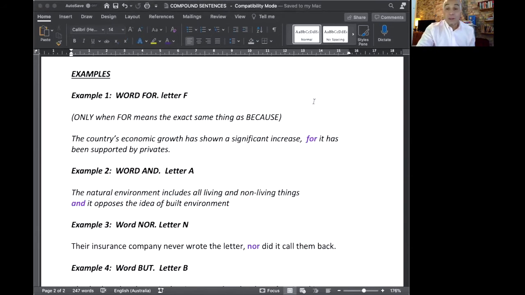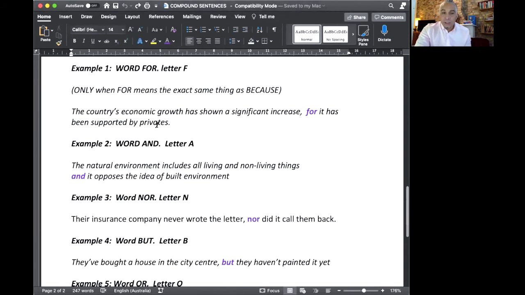Example, with letter F, the word for. Only when for means the exact same as because. Not when you use it with the idea of purpose, like I use it for that. That's not this kind of conjunction, right? When for means the exact same thing as because.